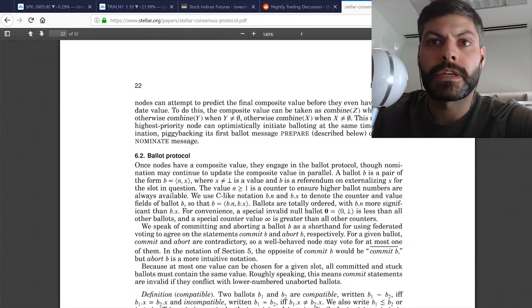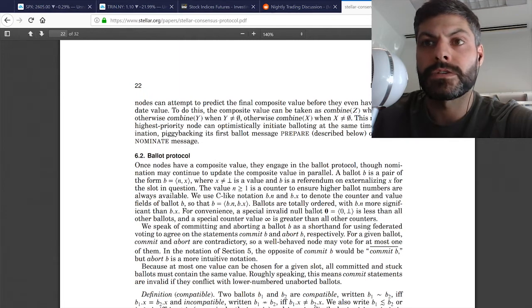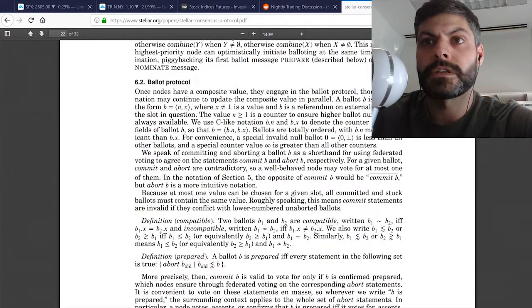We speak of committing and aborting a ballot B as a shorthand for using federated voting to agree on the statements commit B and abort B, respectively. For a given ballot, commit and abort are contradictory, so a well-behaved node may vote for at most one of them. In the notation of Section 5, the opposite of commit B would be not commit B, but abort B is a more intuitive notation.